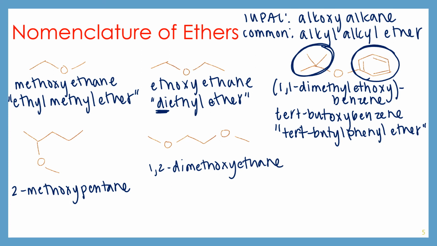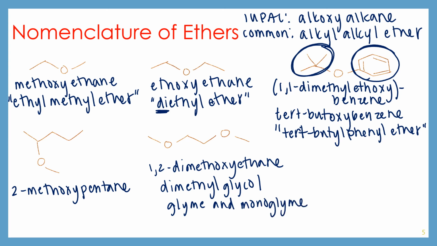Dimethoxyethane also has some fun common names. So you may or may not recall from when we first learned about diols that a diol derived from ethane in the 1,2 position like that is called glycol. So a common name for this is dimethyl glycol. It also has some kind of weird extra names here, which are glyme and monoglyme.